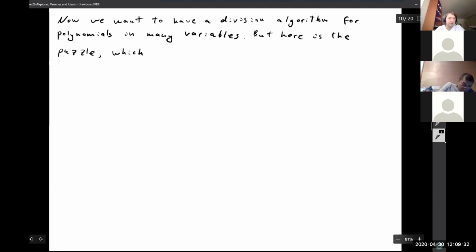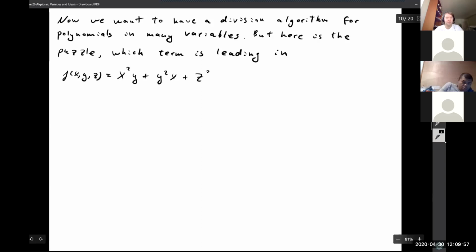Which term is leading in, say, a polynomial in 3 variables, f of x, y, z, and let's take x squared y plus y squared x plus z cube plus x squared plus y plus 3.